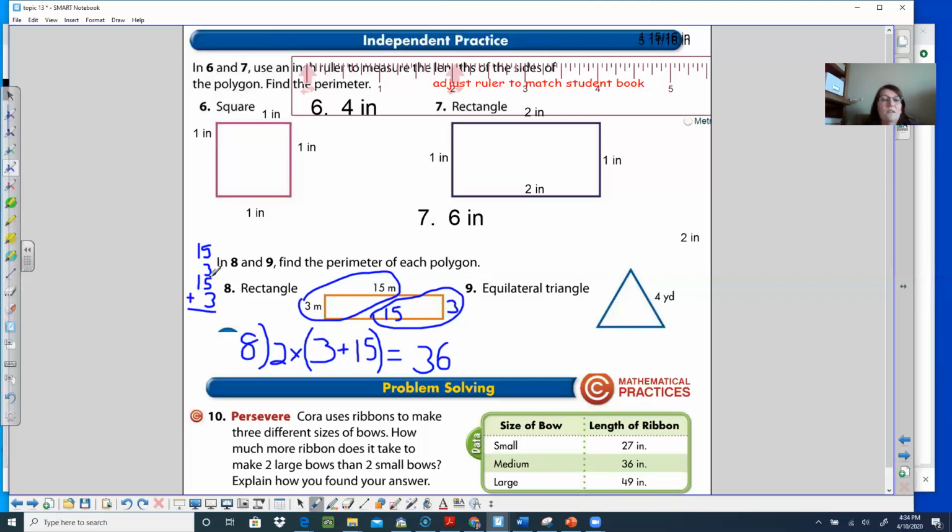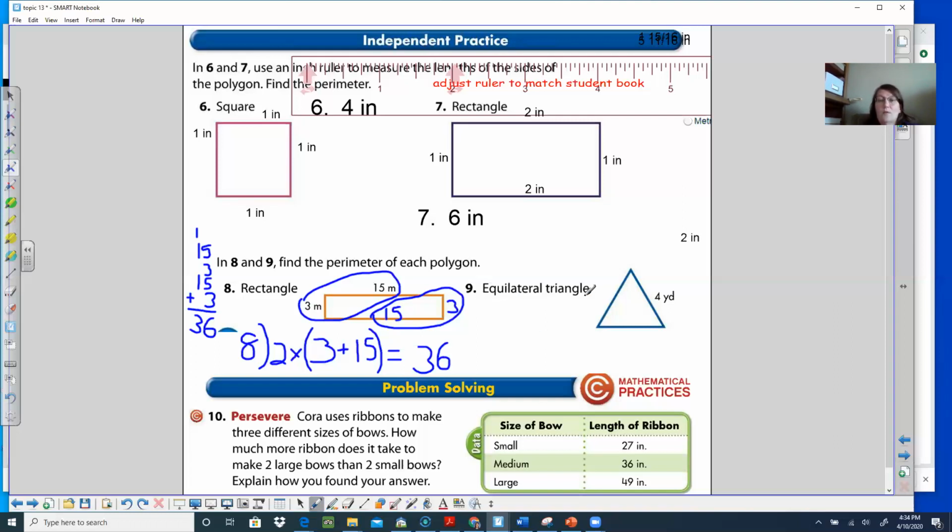So 5 and 3 is 8. 5 and 3 is 8. 8 plus 8 is 16. Put down my 6. Carry my 1. 1, 2, 3. Both methods get us 36. They both work. It's just which method makes more sense to your brain.